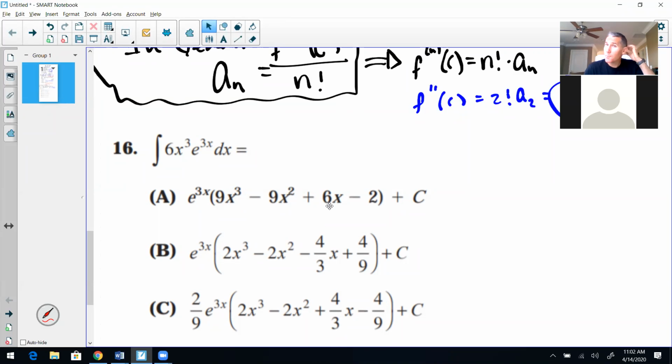That might help us a little bit, but really what this looks like is a monomial multiplied by an exponential. What first comes to your mind when we have a polynomial or monomial multiplied by an exponential? What technique did we use?